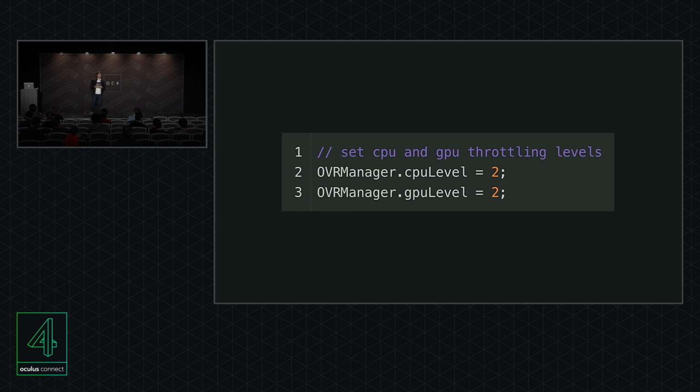But if your scene is efficient enough and you have the heat to spare because you've made the CPU faster, you can dramatically increase the visual quality of your scene by increasing the resolution of your eye buffers. It's a one-line code change, and if you have the performance to spare, it looks fantastic. If you're wondering why Oculus Home looks so sharp when you put on the headset, it's because it's running at super high resolution eye buffers.